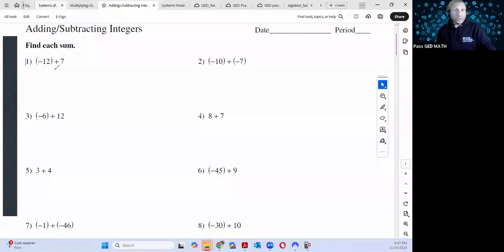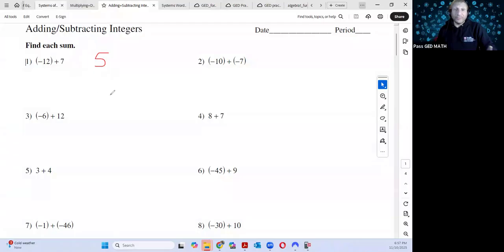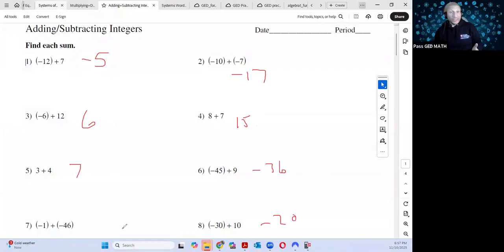I know the signs of those two numbers are different. The difference, 12 minus 7, is 5. 12 is bigger than 7, so I'm going to take the sign of that biggest number, negative 5. I can look at it right away. If you're taking 2 to 3 minutes to do a sign number problem, you don't know it well enough.